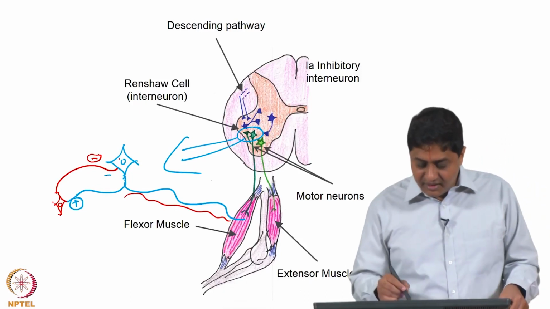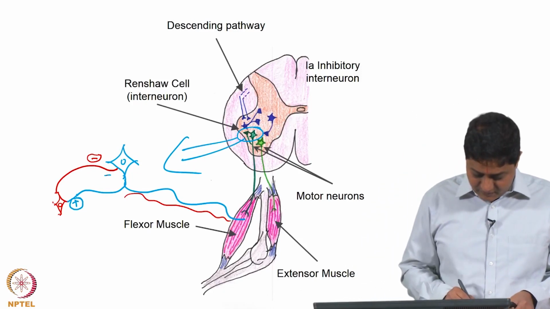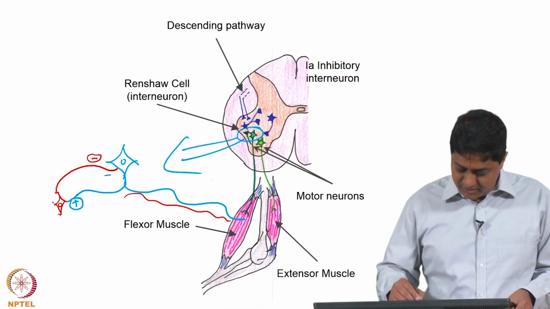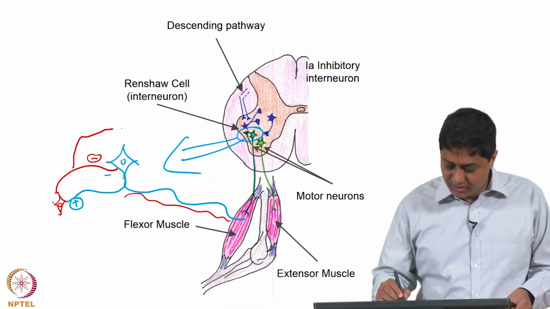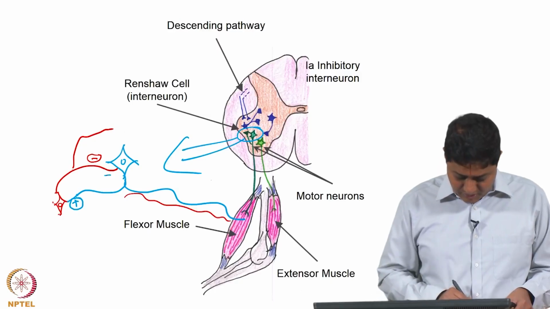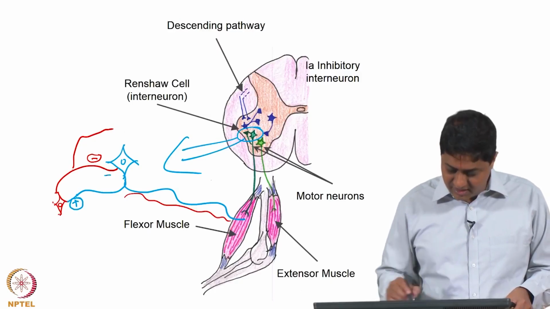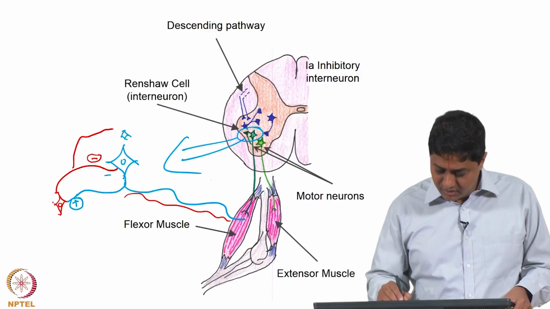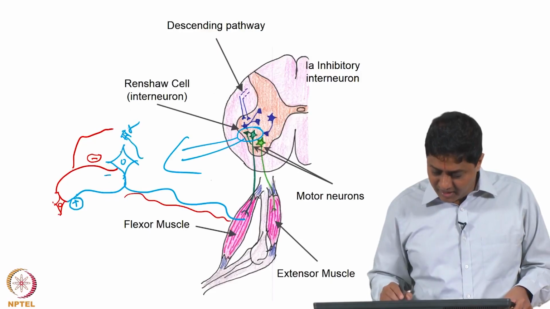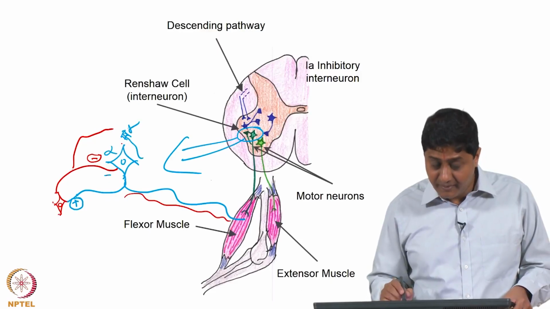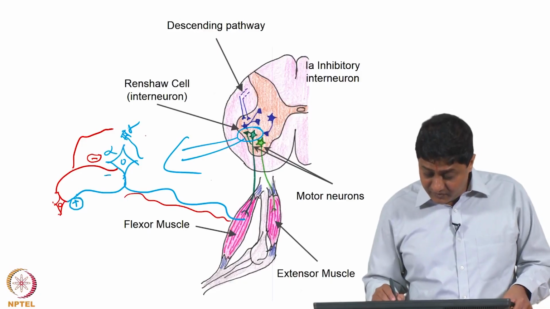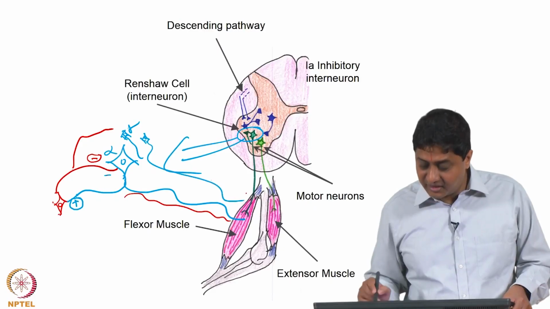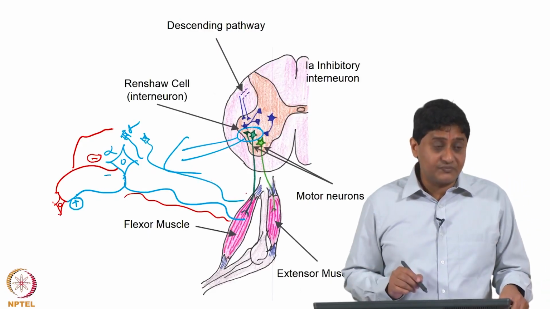Actually, what it does is more than this, which is not shown. This also branches out to other motor neurons. So it actually causes an inhibition. That may be gamma, that may be alpha, and other motor neurons of distant but agonistic muscles.